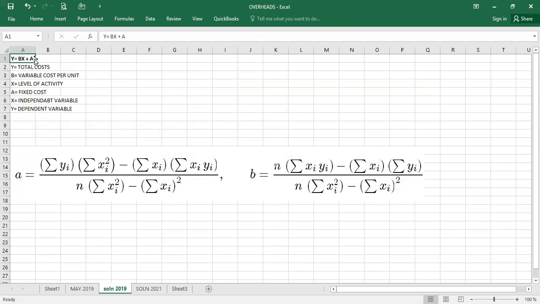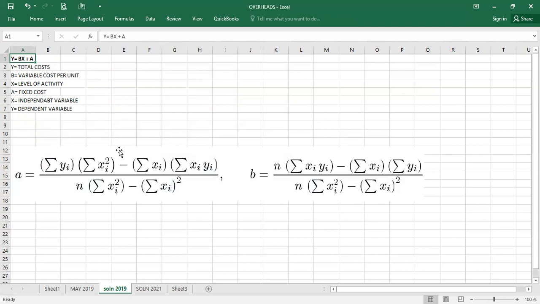what we are going to be using to determine, let's say, if they give you a certain level of activity and they want you to determine what the cost will be, or they give you the total cost and they want you to determine the level of activity, as we are going to see.